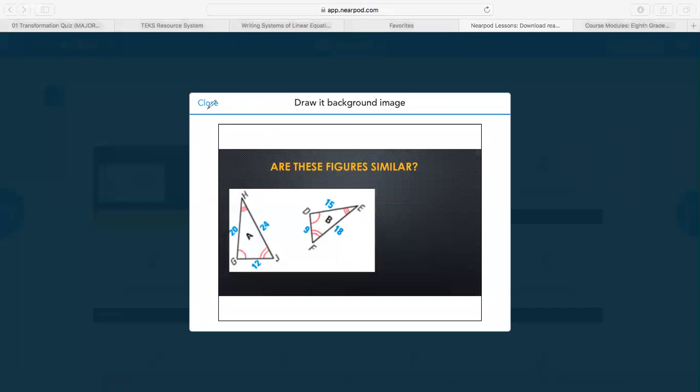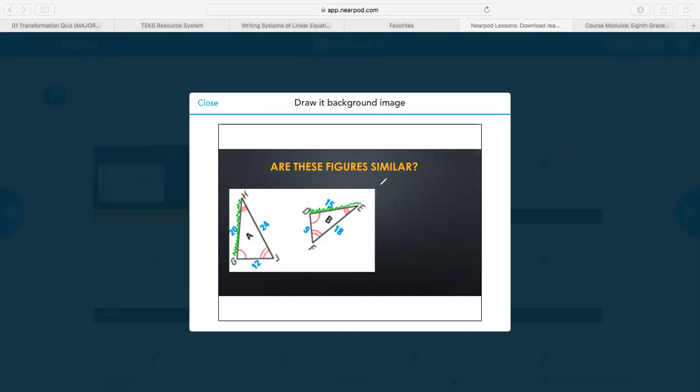You can write it on the Nearpod. Does your screen have the draw it on it? I'll tell you which ones I definitely want you to write down. For instance, side GH is between the 1 and the 3 lines. It's the same thing as side DE.